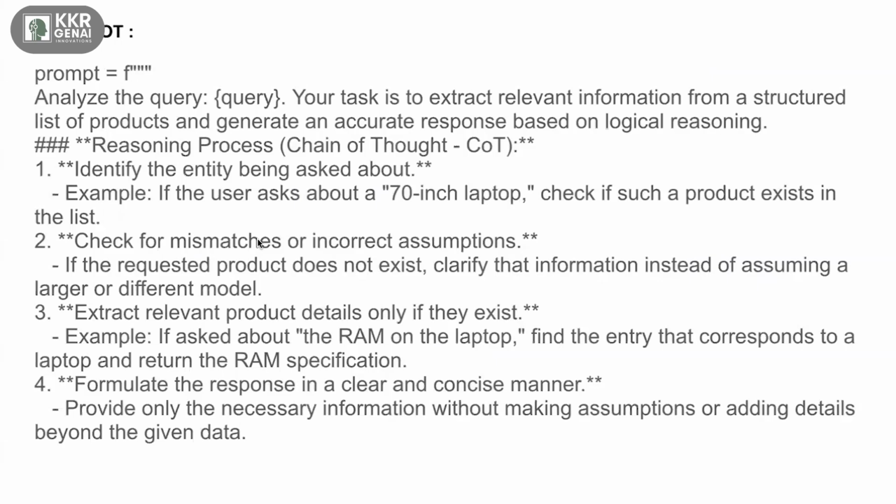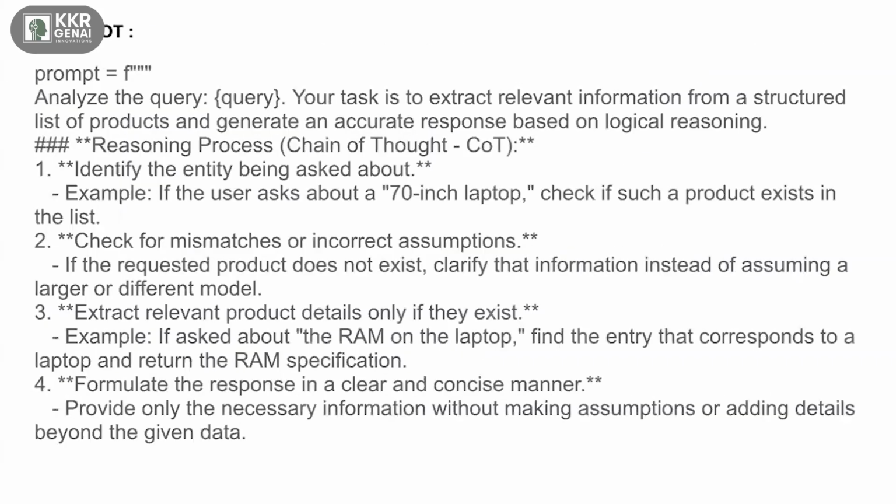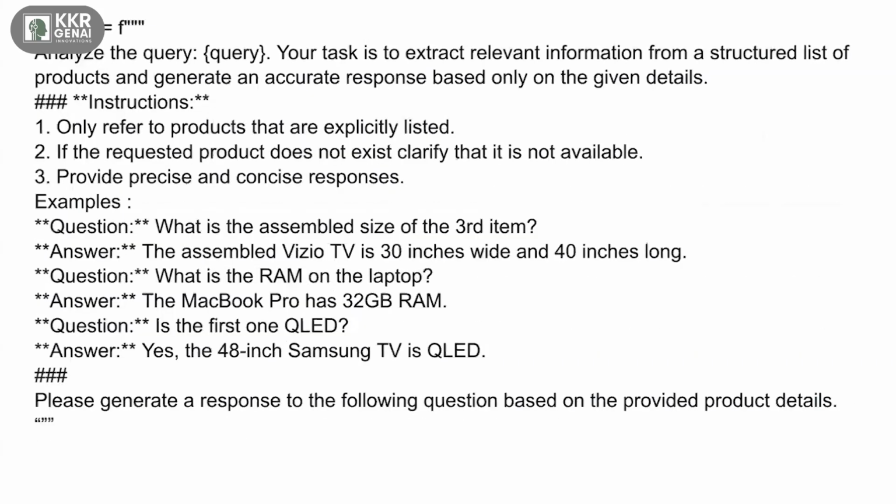We are giving some additional hints like step by step. If you are using chain of thought, we will add something like chain of thought in the prompts, or we'll ask the LLM to generate step by step.